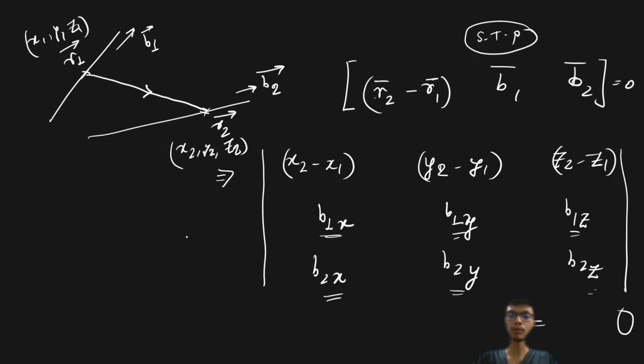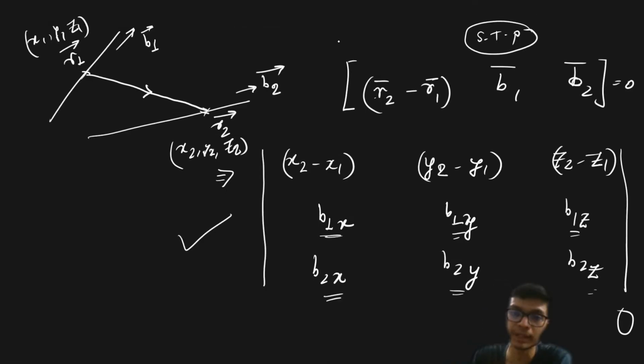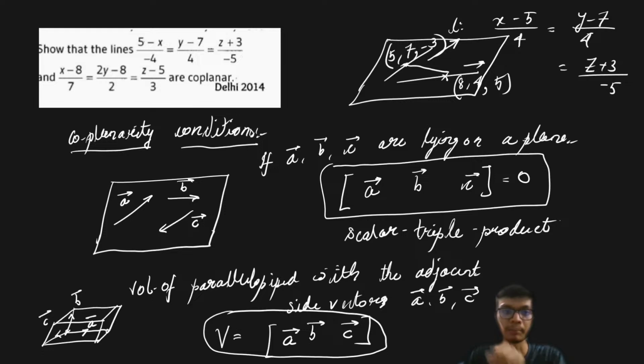If you follow these steps, you will get the condition for two lines to be coplanar, and you just have to equate this condition. If you are able to show that this determinant is equal to 0, then you prove that the two given lines are coplanar. Is this clear? Please let me know.